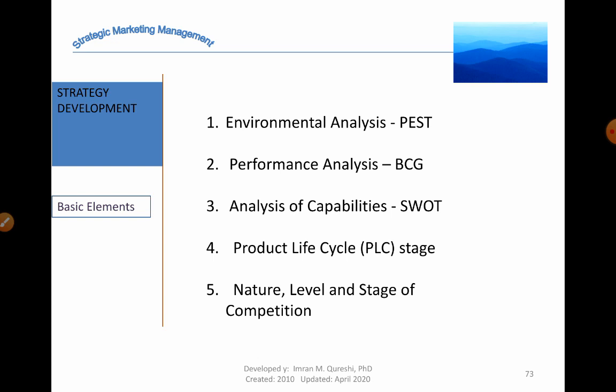In the PEST factors, you find positive things: not a lot of challenges in the political, economic, and social environment, and things are going smoothly. But when you look at the product life cycle stage, it is maturity.